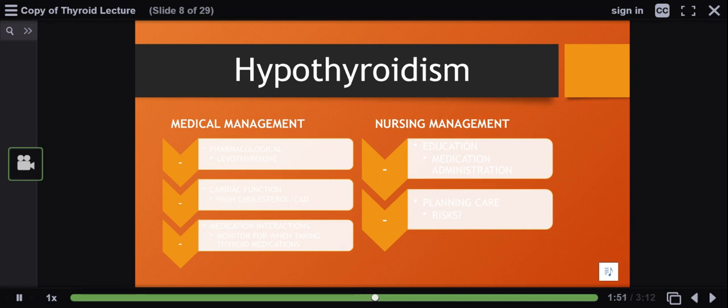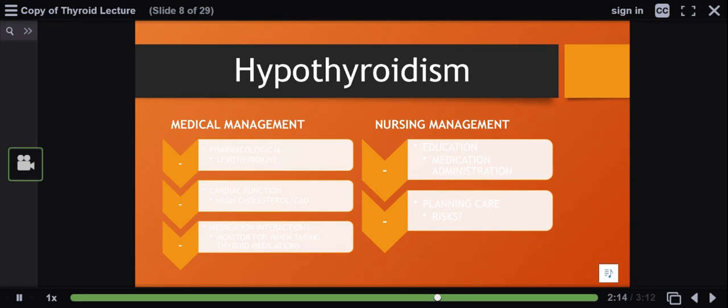However, issues start to arise when oxygen demand increases and that hypothyroidism is fixed. At this point, the body can't meet the oxygen demands due to the coronary artery disease or atherosclerosis. So once we fix that hypothyroidism, then the patients start to become more symptomatic.